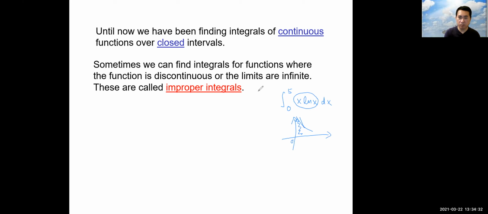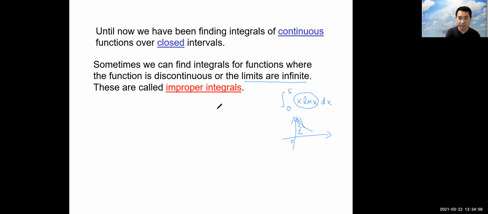So in that scenario, the integral is improper. There are two types of improper integrals. One is when the function is discontinuous. And another type of improper integral is when the limits are infinite.